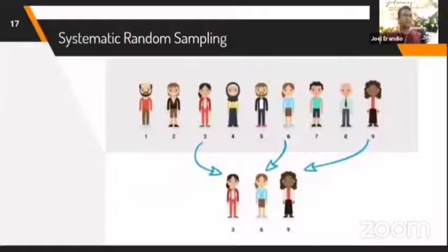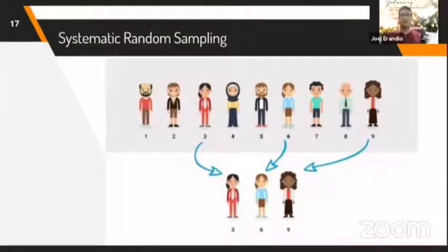While in the systematic approach, the systematic random sampling, after we have the sample size, in order for us to select our sample, it is selecting every Kth, or in the illustration, every third member from the population. So how are we going to select every third?